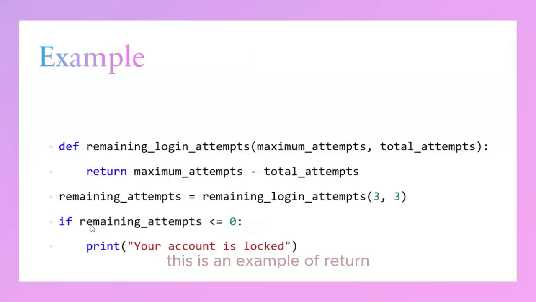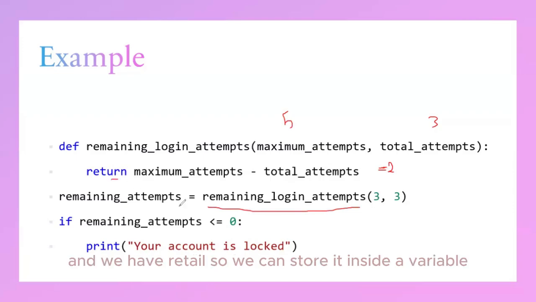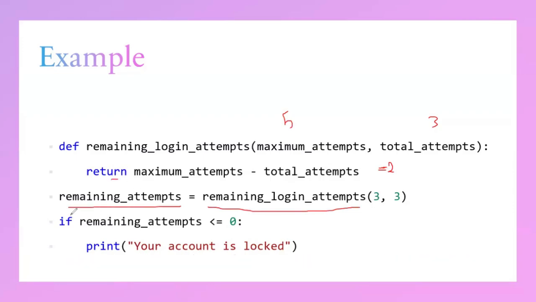Okay. This is an example of return, like remaining login attempts. The maximum attempts may be 5, and the total attempts is 3, so maximum minus total equals 2 in this case. This is calling the function by its name, and we have return, so we can store it inside a variable and make an if condition.